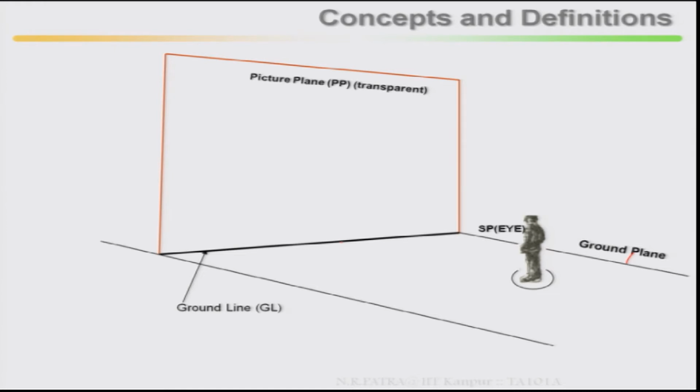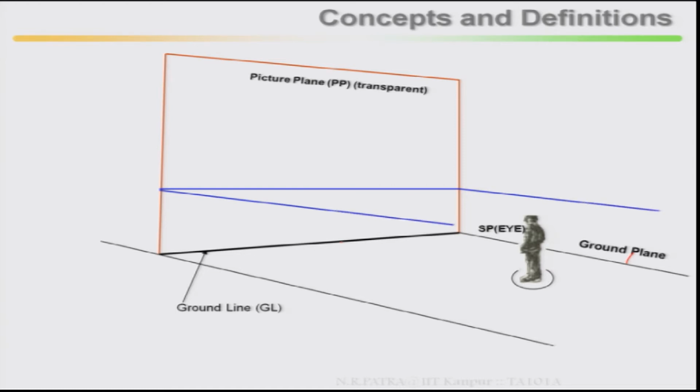Then the picture plane is transparent. Then come to the horizon plane. From the eye, the ray of vision, where it intersects your picture plane, from here to here, that is called the horizon plane, HP.